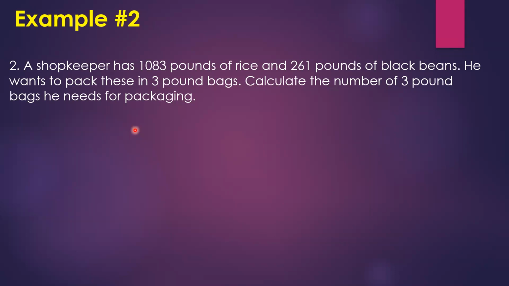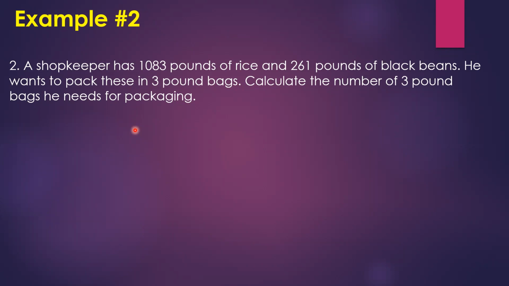Addition, but you want to package them into 3-pound bags. Why do you say addition? How are you going to get your answer? I was thinking add 1,083 and 261 and divide that by 3.